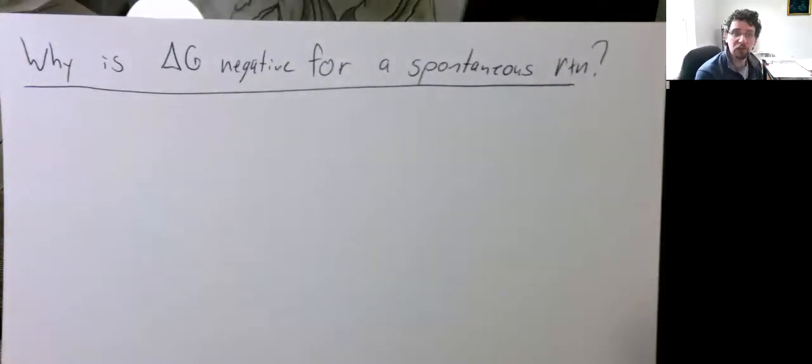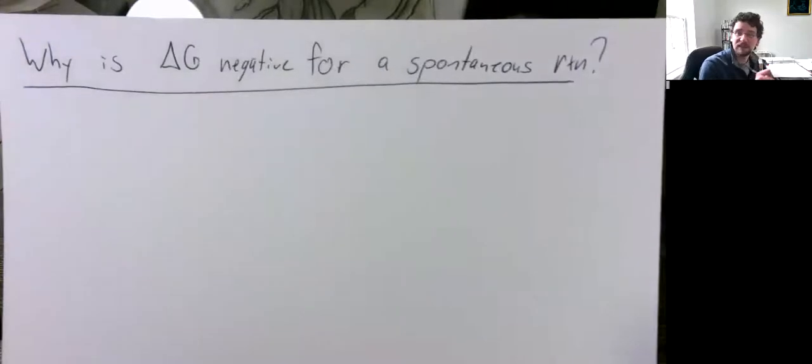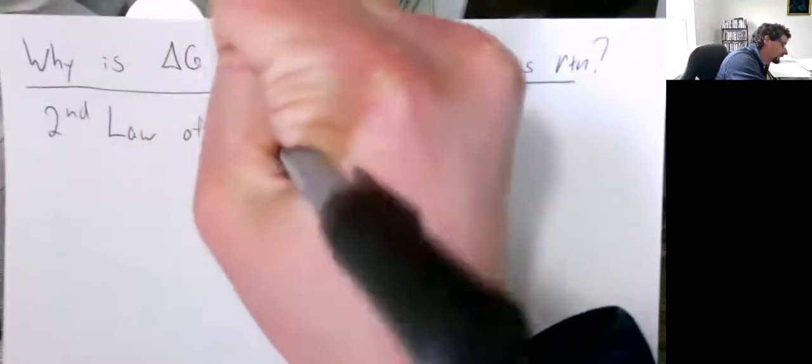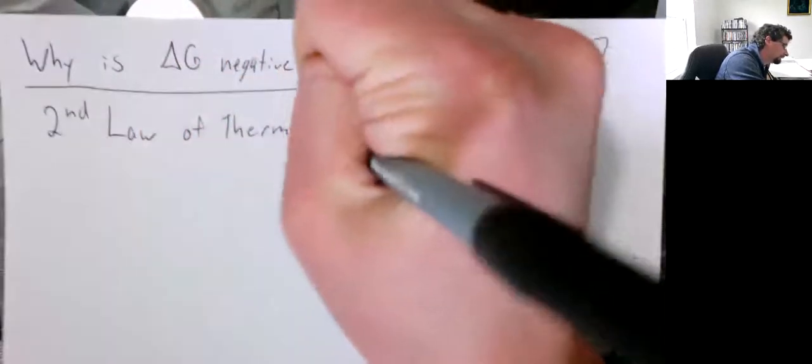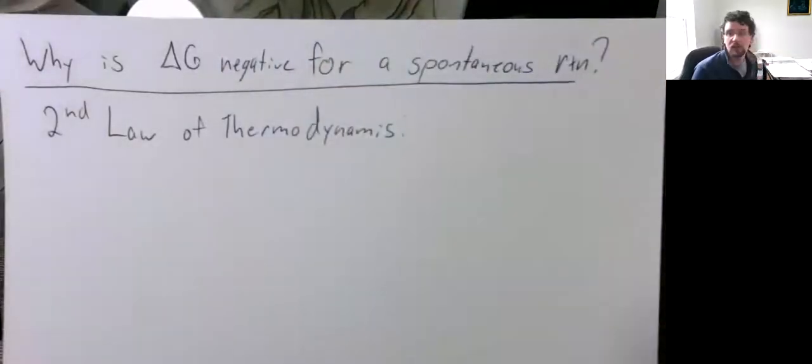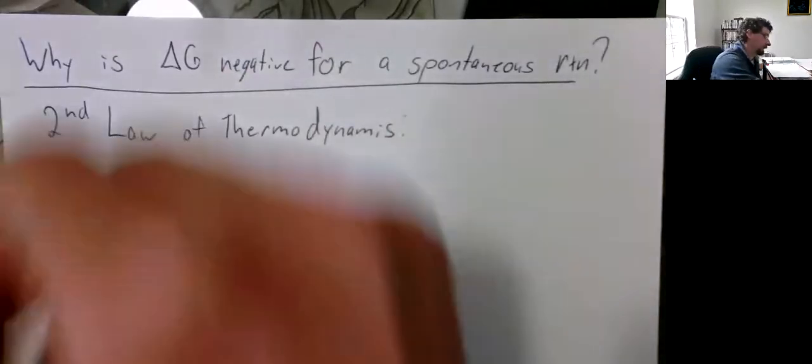Before we do that, we have to recall some previous equations that we have found. The first is the second law of thermodynamics. And one formulation of this is to look at delta S, or the change in entropy of a system.